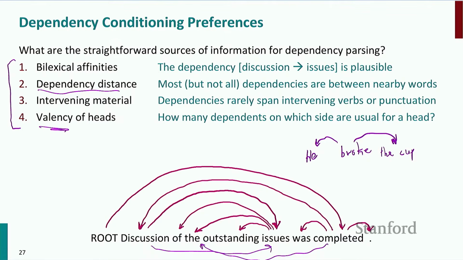But it doesn't have to be, because it could be "the cup broke." So you can have something to the left but nothing to the right. But you sort of have to have something to the left. And conversely, you can't have any number of things. You can't just say "he broke the cup, the saucer, the dish." It doesn't take lots of arguments to the left. So you've got a notion of valency like that.